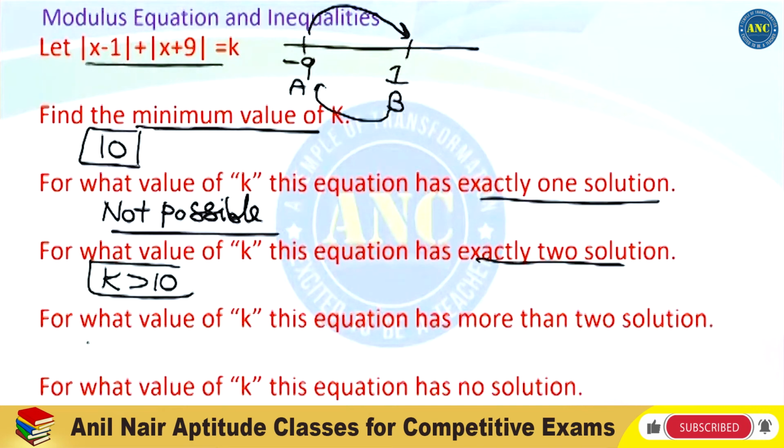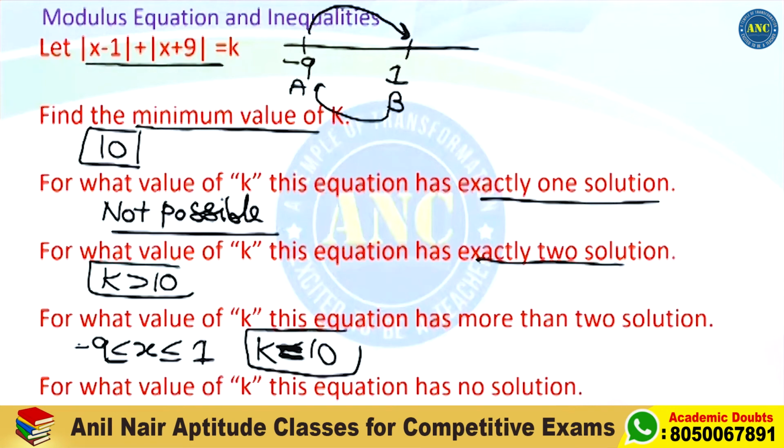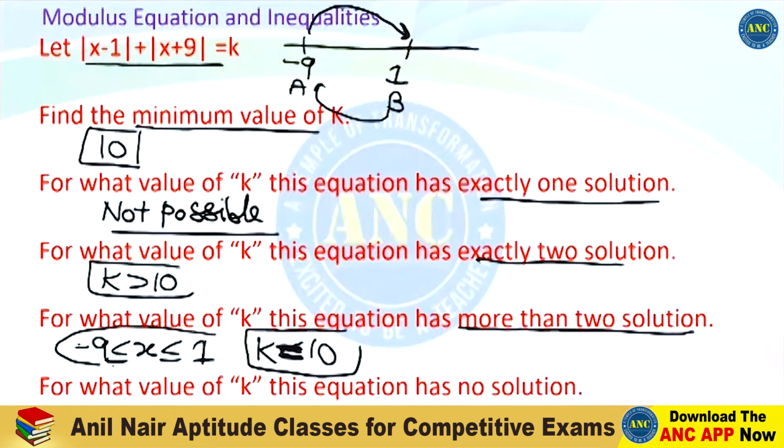If x lies between the critical points, minus 9 less than or equal to x less than or equal to 1, then for k equivalent to 10, x will take more than two solutions. It can take minus 9, minus 8, and so on. So either it can be 1, 2, or any point in between.